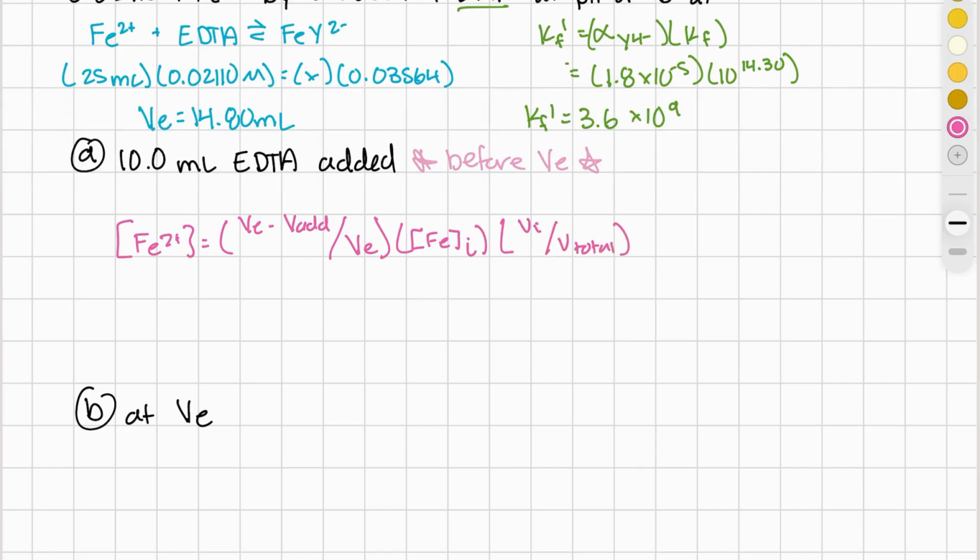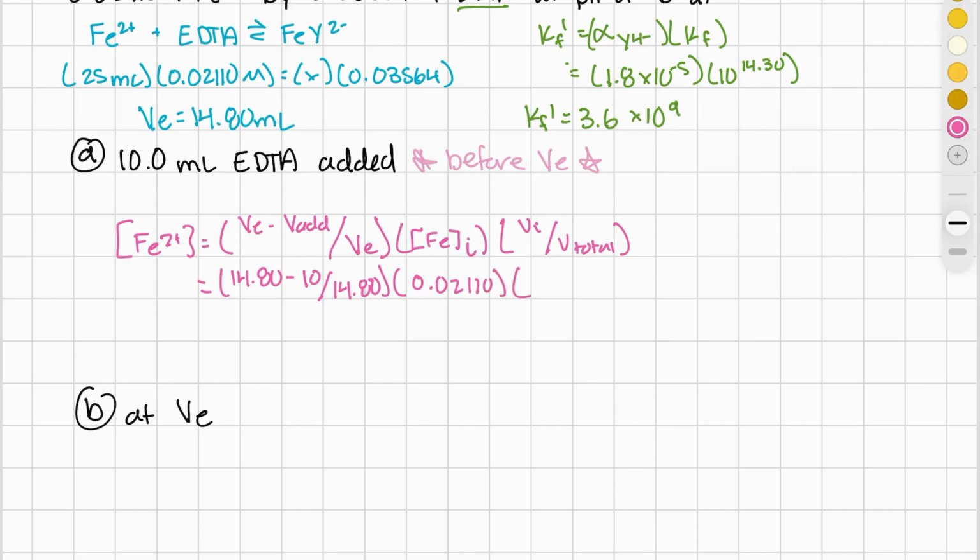So in this case, we're going to have 14.80 minus 10 over 14.80. Our initial iron concentration was 0.02110.